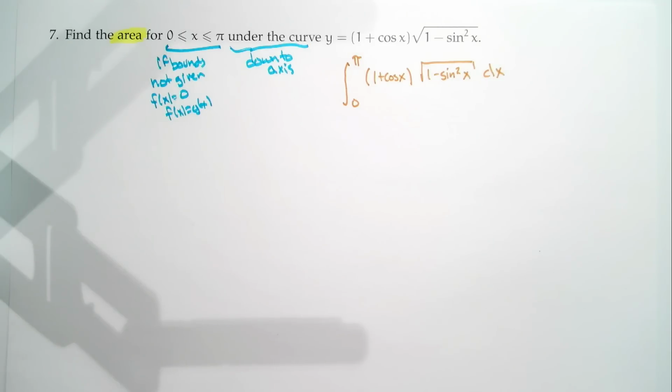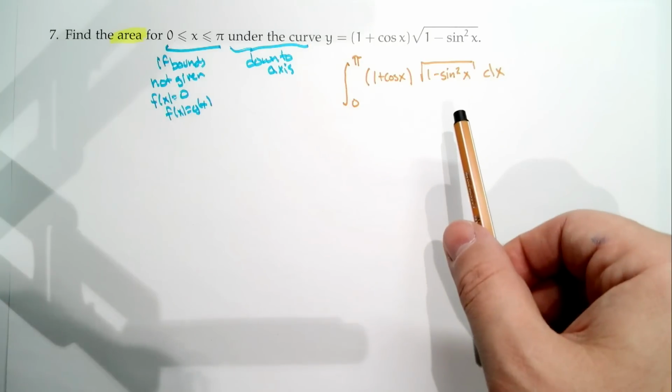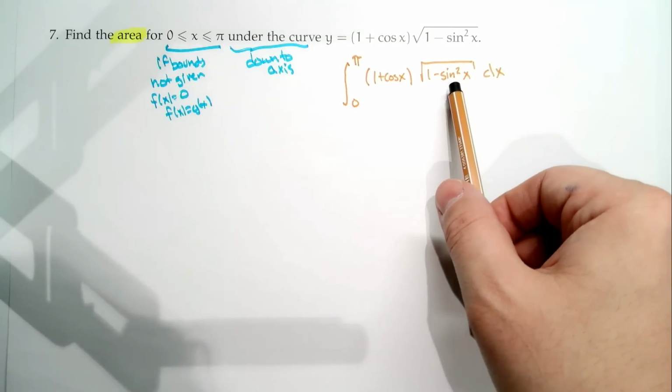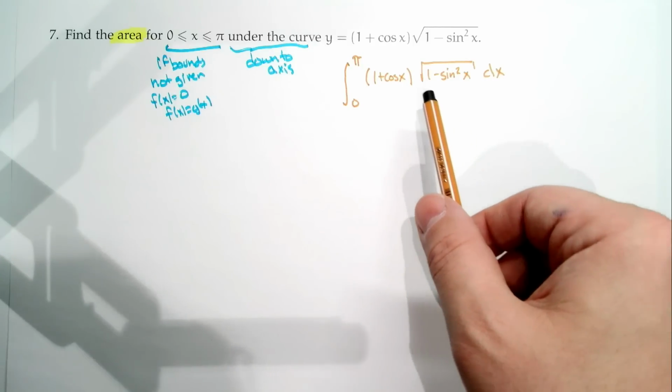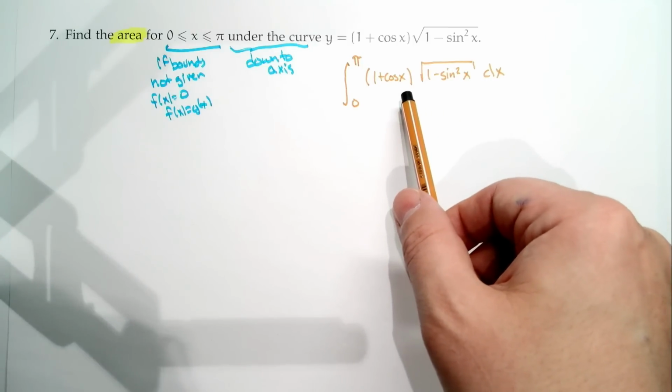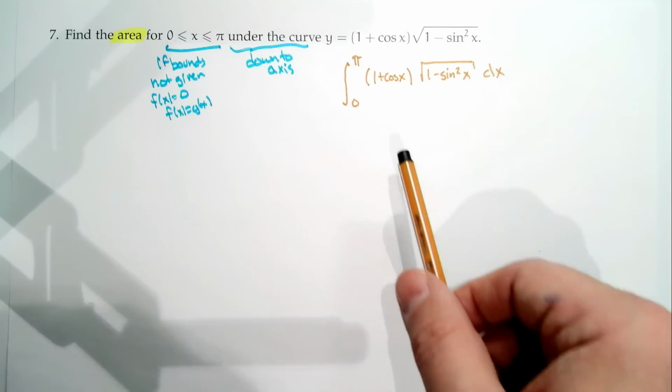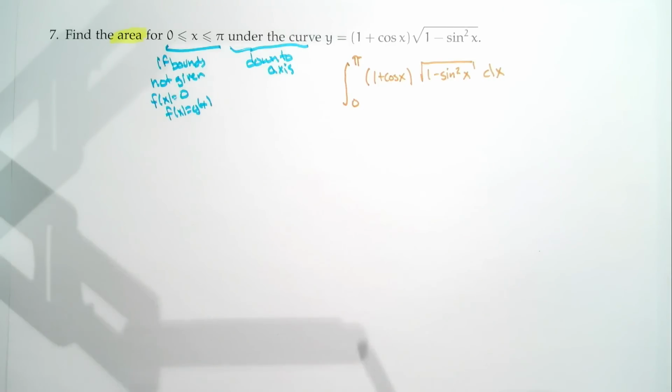Maybe we love circles. Let's see. Now, the intuitive thing to do is to say, hey, I should make a substitution. The substitution should be sine. What's the derivative of sine? Cosine. And then we say 1 plus. What? That 1 plus is messing things up for us.